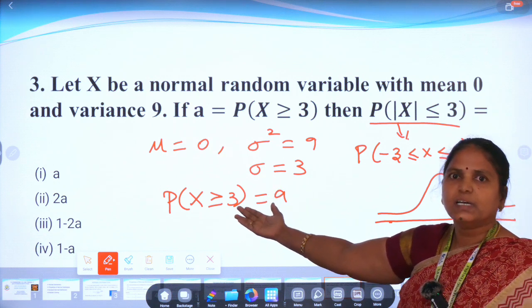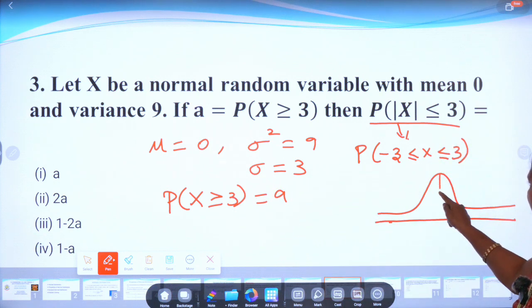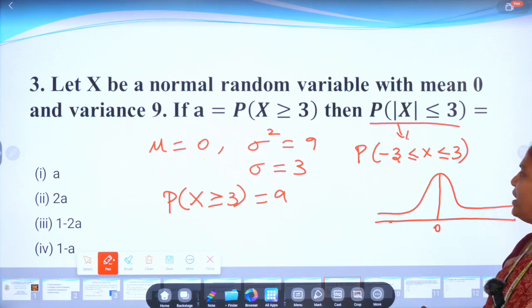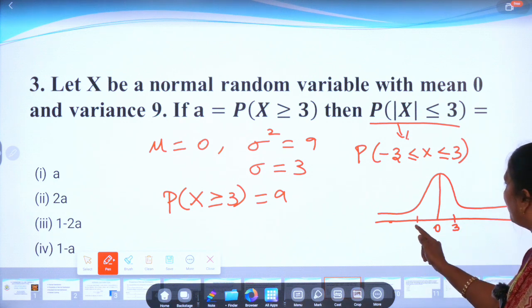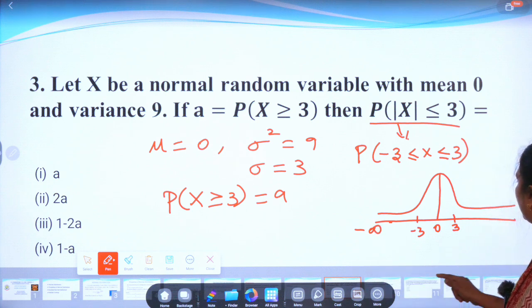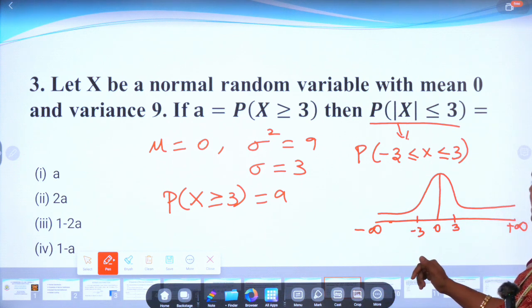Here, they have given the mean as 0, and the variance is 9. On the right-hand side you will have 3, on the left-hand side you will have minus 3, and it goes on both sides, from minus infinity to plus infinity.